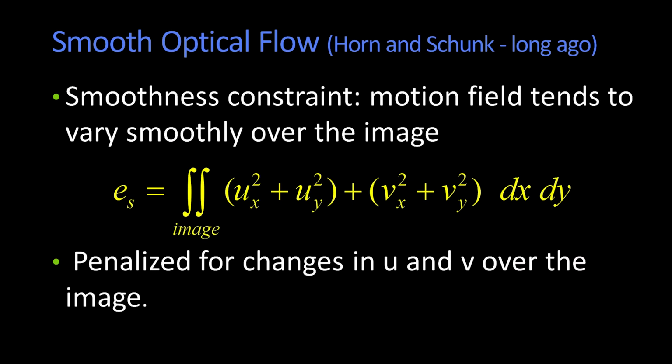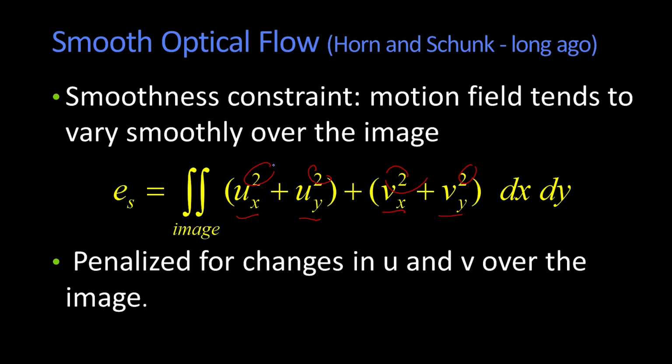That's shown here. These ux, uy are the derivatives of u. Remember, u is the x component of the motion field. The derivative in the x direction is squared, because it could be positive or negative, and the derivative in the y direction is squared. Same thing here with v sub x, v sub y, the change of v as you move in x, the change in v as you move in y. Again, everything is squared. We would like this to be 0 or as little as possible.